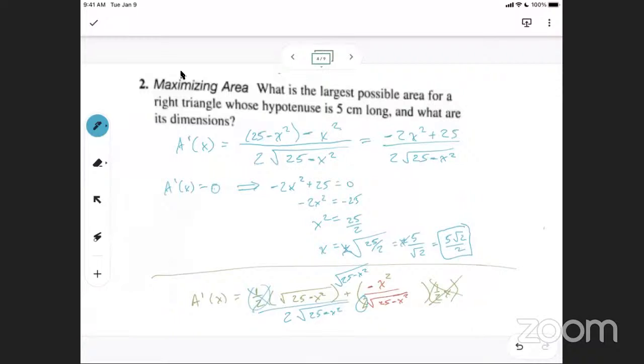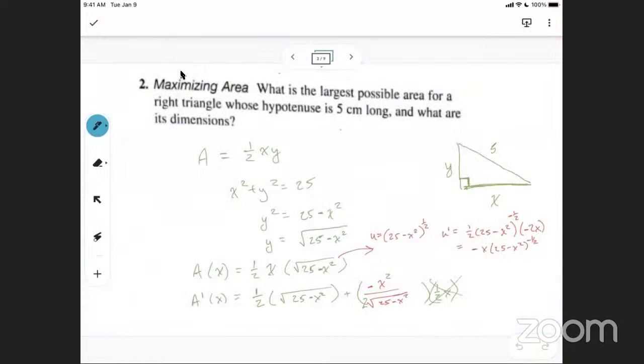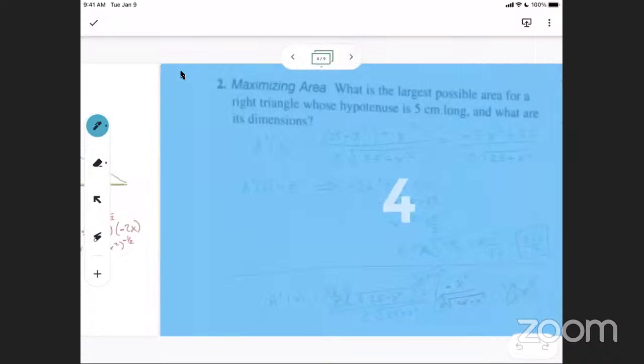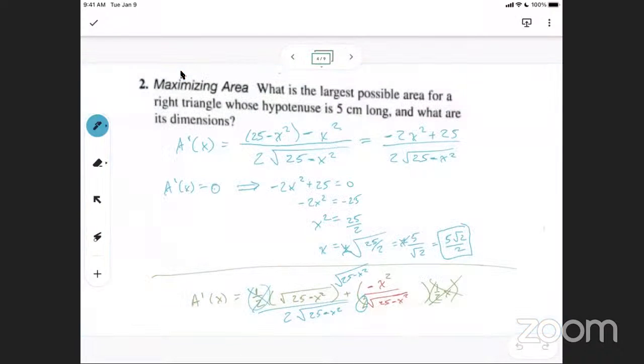Yeah. So I'm going to take this number and go back and look at my equation. I could write the area in terms of x, but really I'm just going to use x squared plus y squared equals 25 to solve for it. So let's solve for y now. I'm going to do it up here. Solve for y.